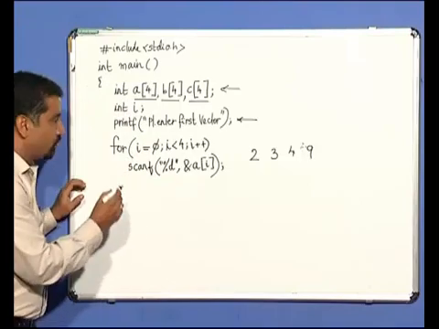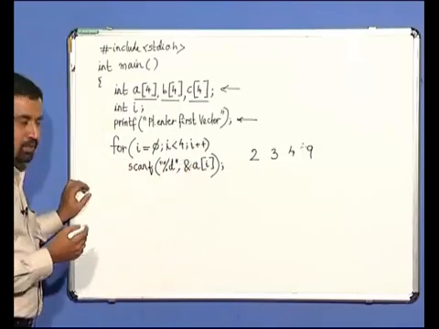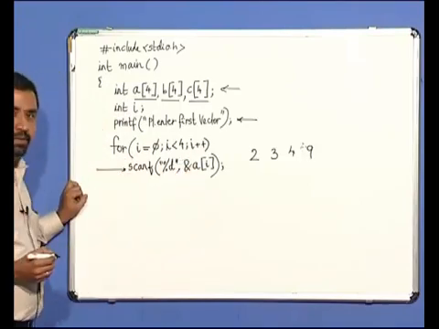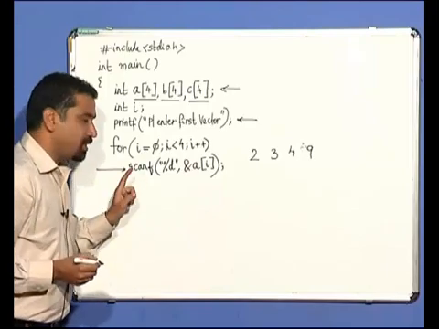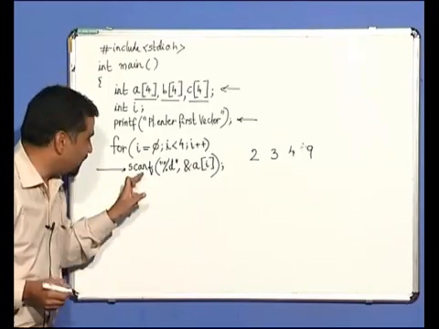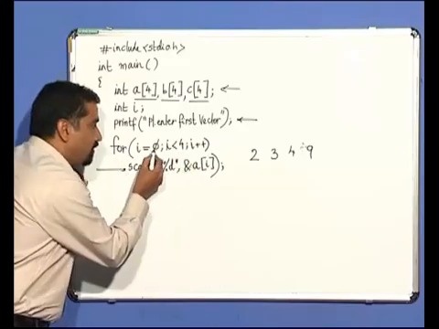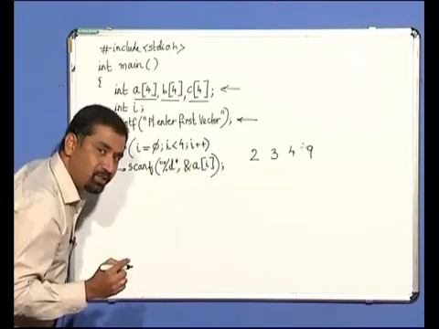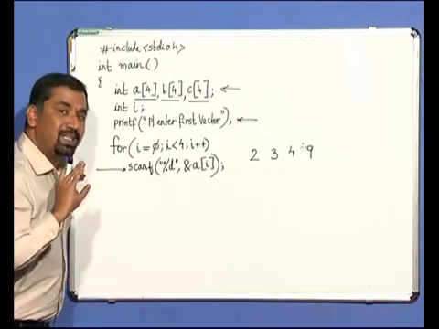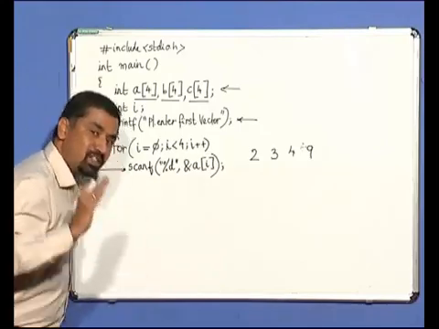Now you see for loop has been used. There is a scanf statement. This scanf statement will be executed how many times? Because it is attached to the for loop. The for loop, you can see, is starting from 0. Why is it starting from 0? Because we know that the array indices always start from 0.